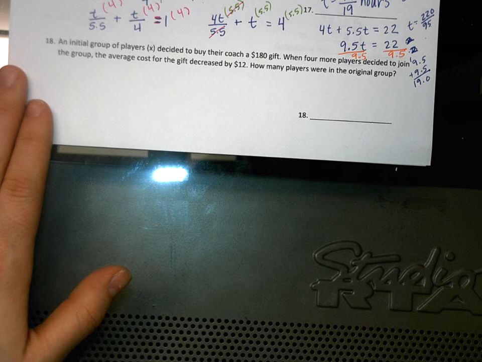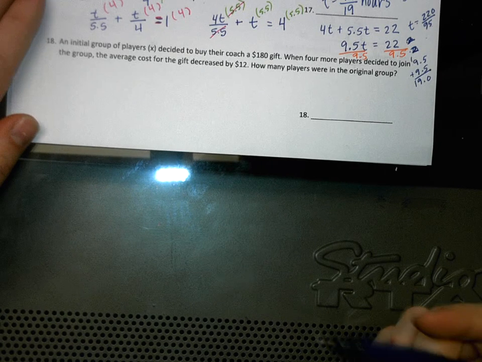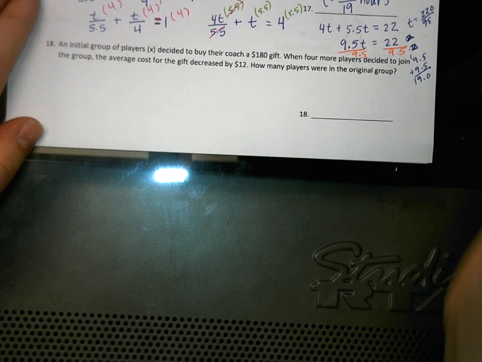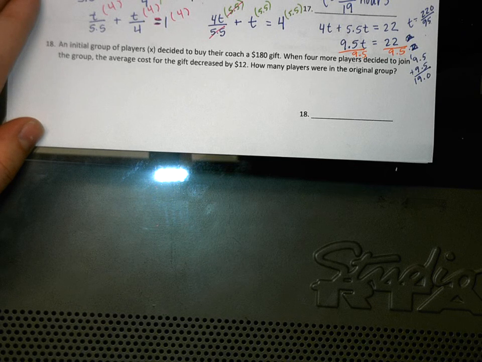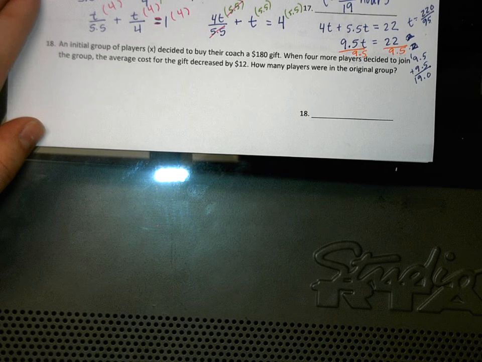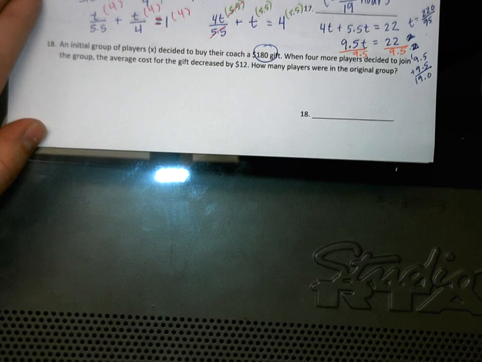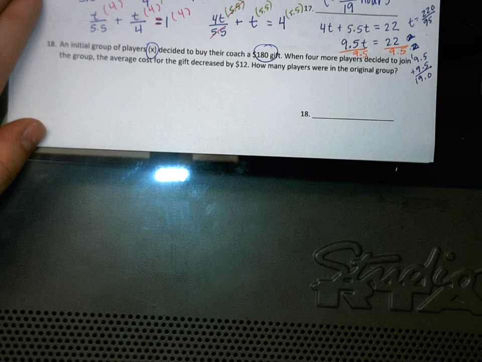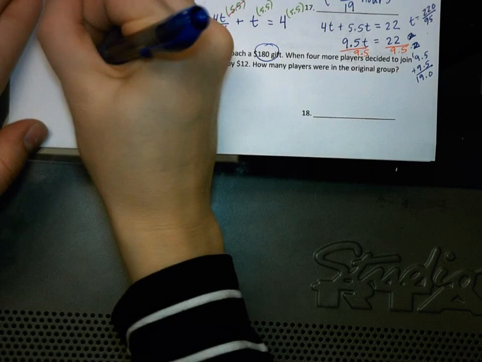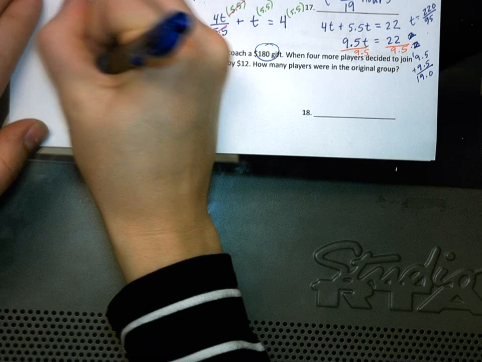Okay. All right. Number 18. An initial group of players, X, decided to buy their coach a $180 gift. So I have $180 being split between X amount of people initially.